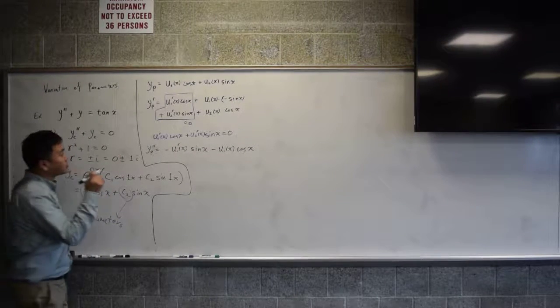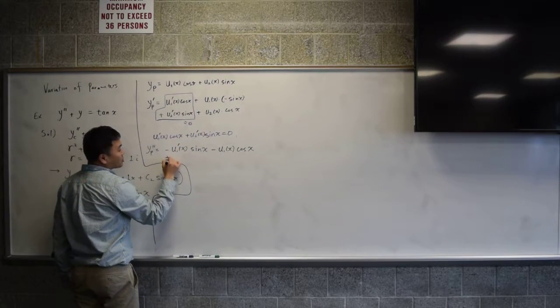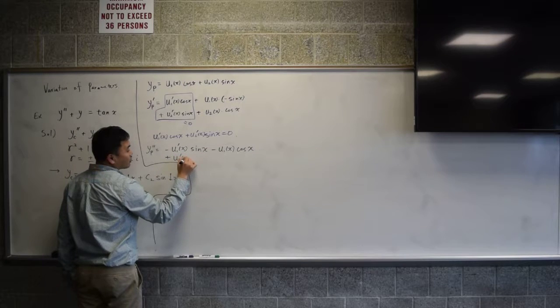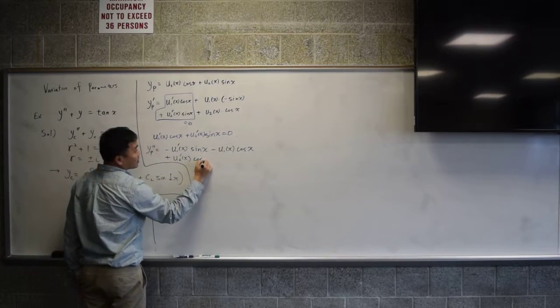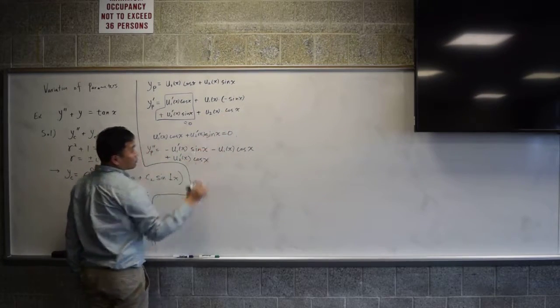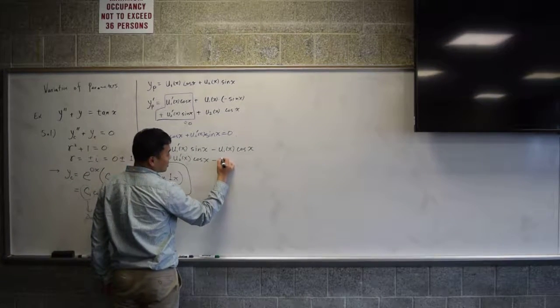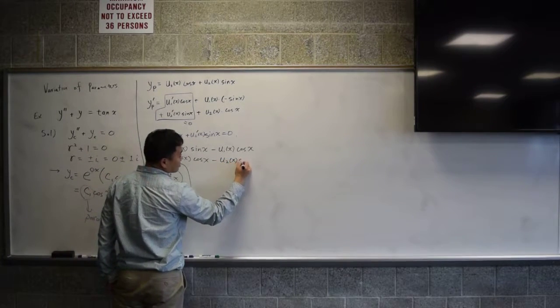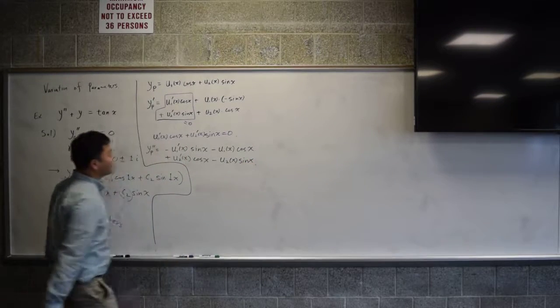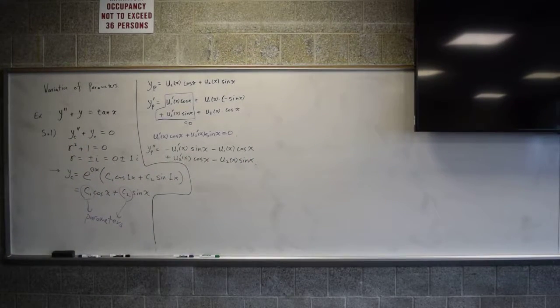Okay. And then when I differentiate this, it's plus u2 prime of x cosine x. And then when you differentiate cosine, it's negative sine, so it's negative u2 x sine of x. That's your y double prime.